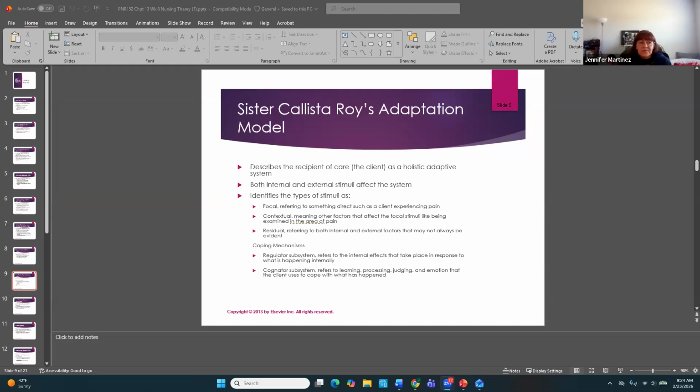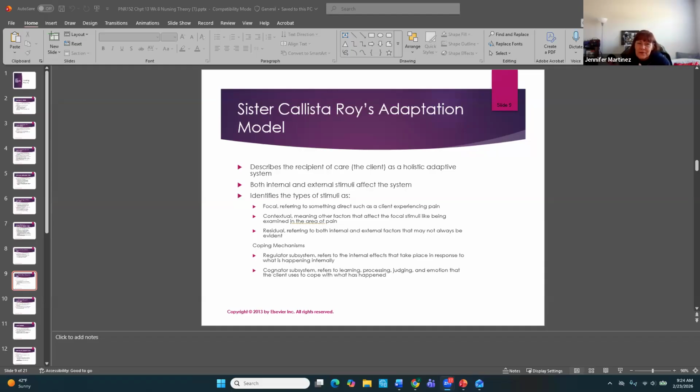So focal is something direct, right? You have a client that is experiencing pain. Contextual are other things that will affect the pain. Culture can play a big part in pain, but it also could be like, when somebody tells us that they hurt somewhere, the first thing that we want to do is touch it, right?